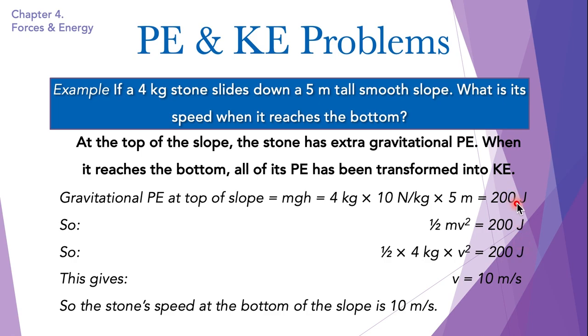So 200 joules is the kinetic energy of the stone when it reaches the bottom. But it told us to find the speed, so we rearranged the kinetic energy equation and found that v is equal to 10 meters per second.